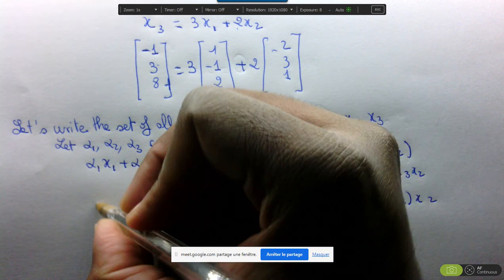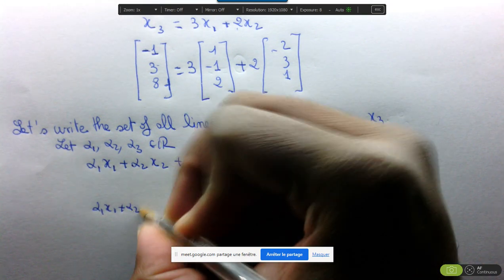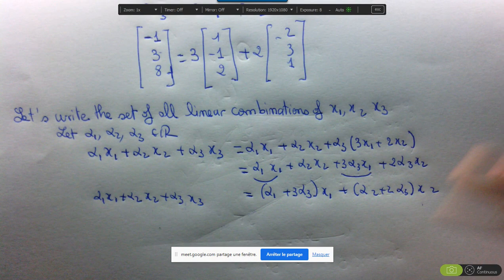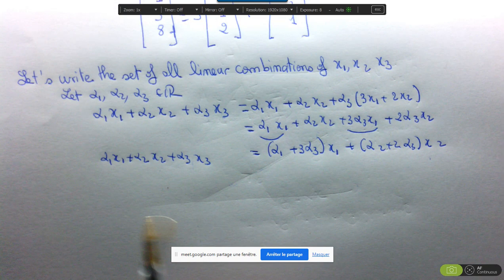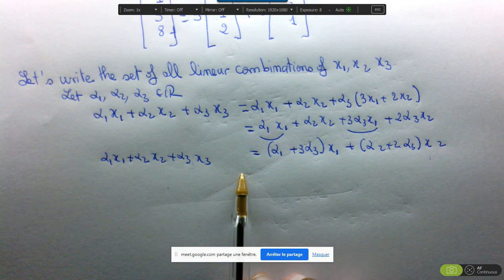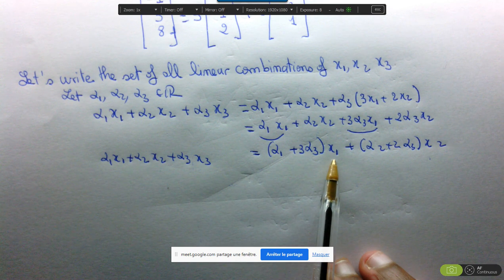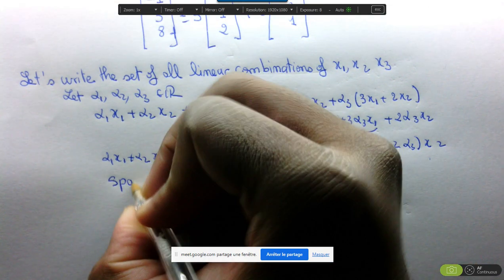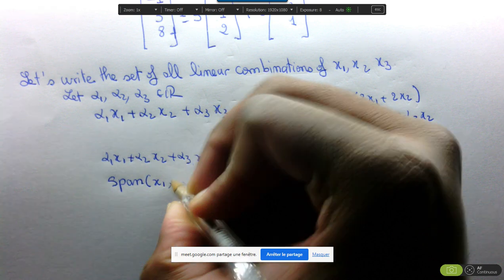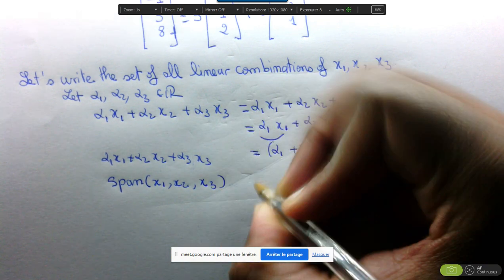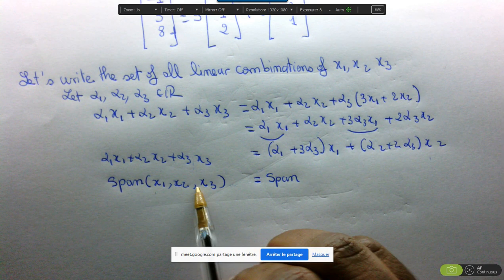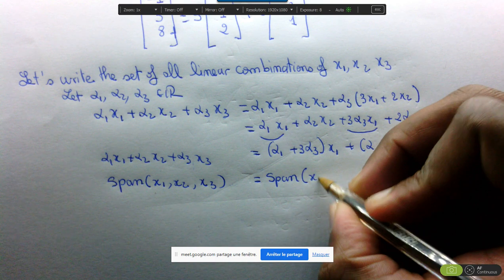So here I have alpha 1 x1 plus alpha 2 x2 plus alpha 3 x3 equal to that. In other words, the set of all of the possible linear combinations of x1, x2, and x3 can be simplified by writing it as a set of linear combinations of x1 and x2. In other words, the span of x1, x2, and x3 is equal to the span of x1 and x2.